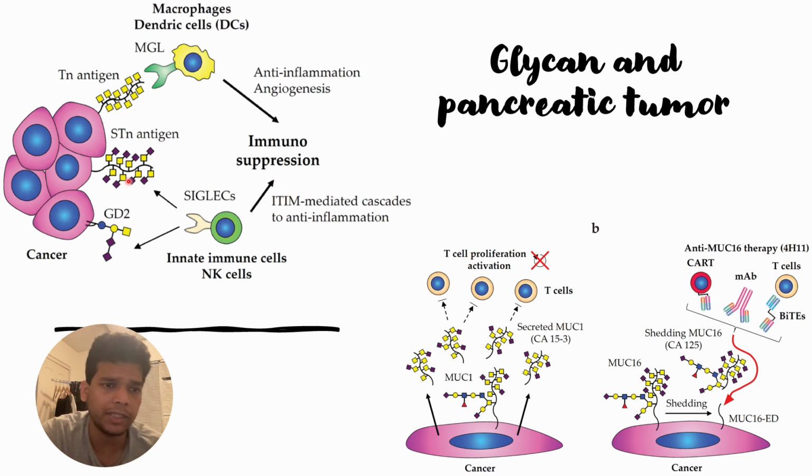This is known as the ITIM-mediated cascade to create an anti-inflammation response. So these are some of the functions of the aberrant glycosylation that is expressed on the cancer cells.